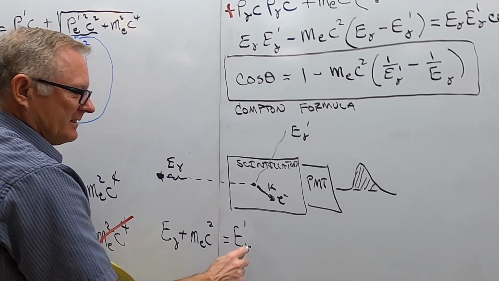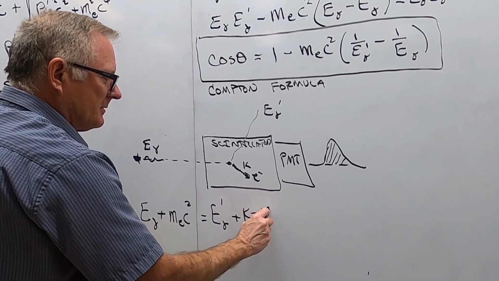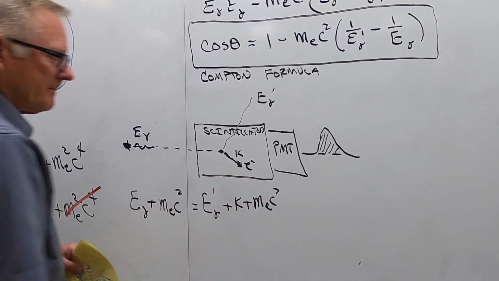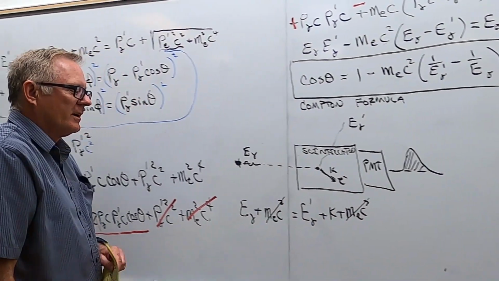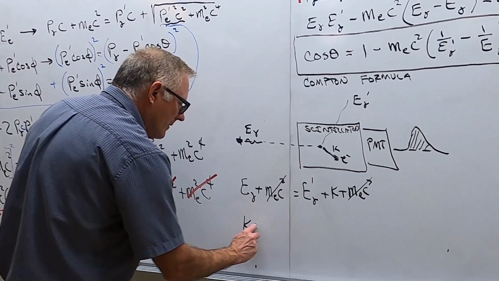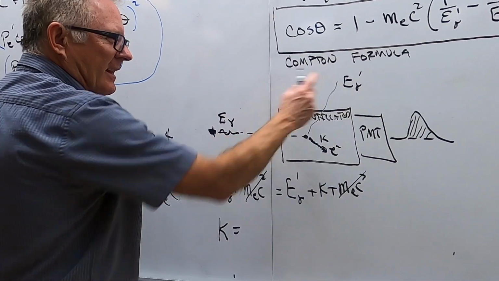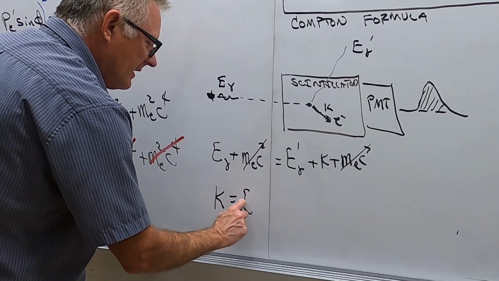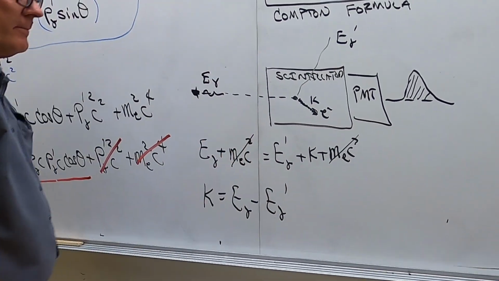We can just say it's the kinetic energy plus m sub e c squared. You notice the m sub e c squareds drop out, and so the kinetic energy is just this energy minus that energy. So it's just E gamma minus E gamma prime, right there.